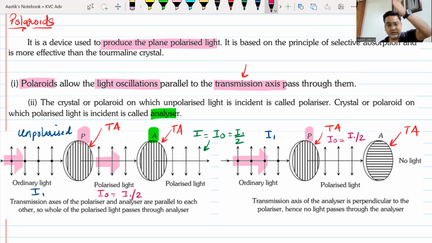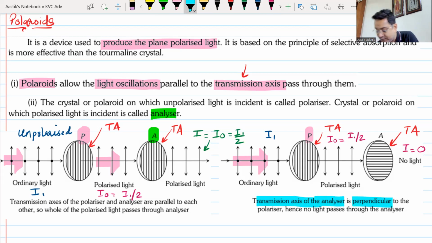If you put the analyzer such that its axis is perpendicular, the intensity here would be 0. Yes or no? Yes. Why is it 0? Because the transmission axis of the analyzer is perpendicular. Here it is the same because the transmission axis of the analyzer is parallel. Do we understand this? Yes. I'll give you a minute to note this down.